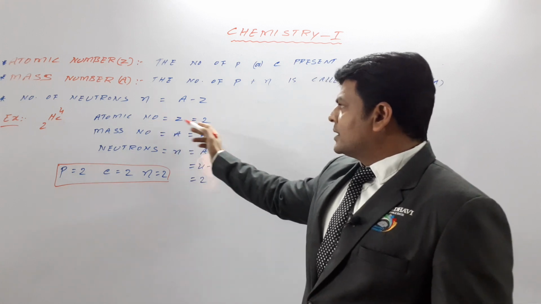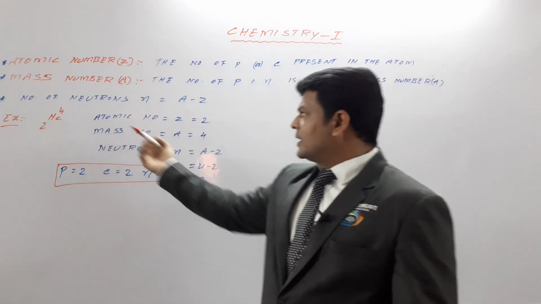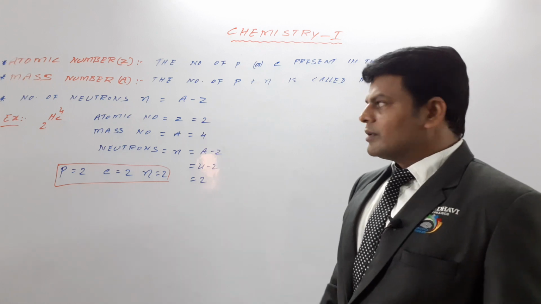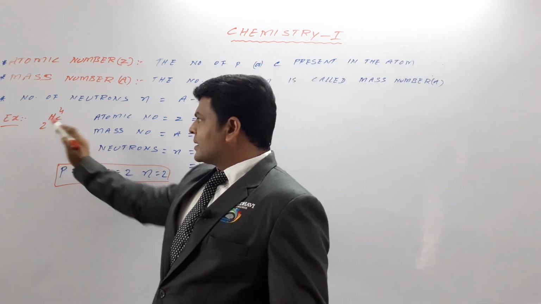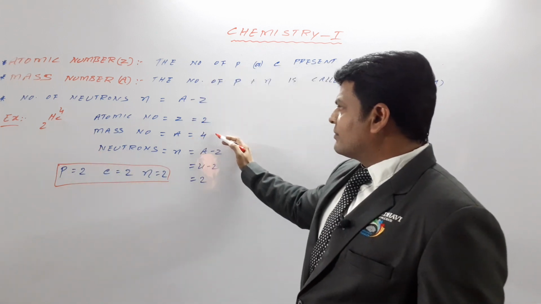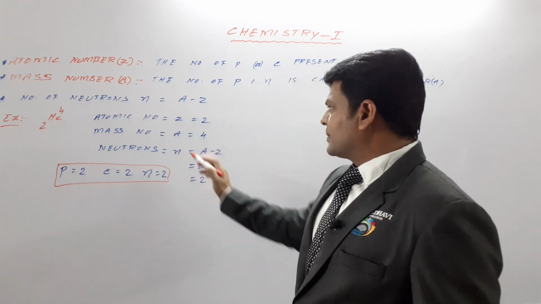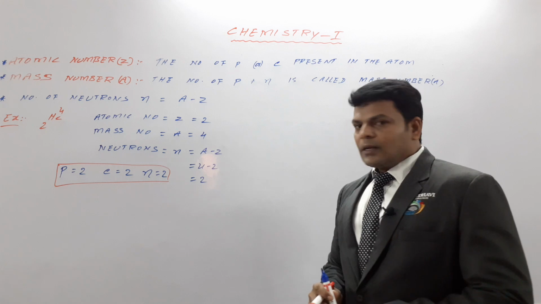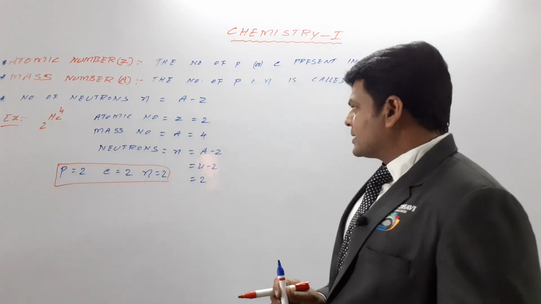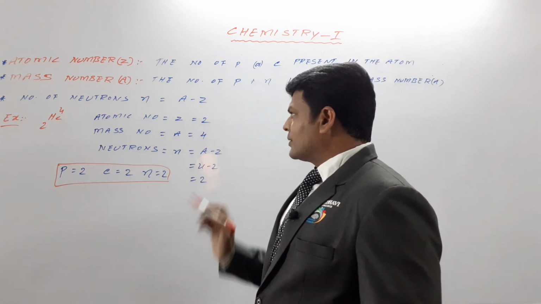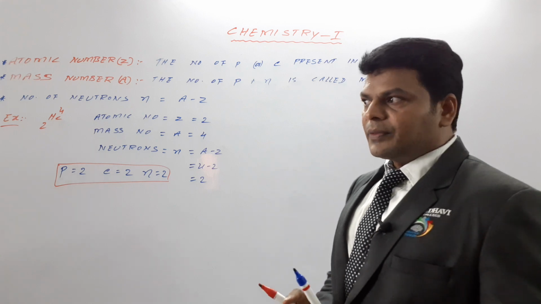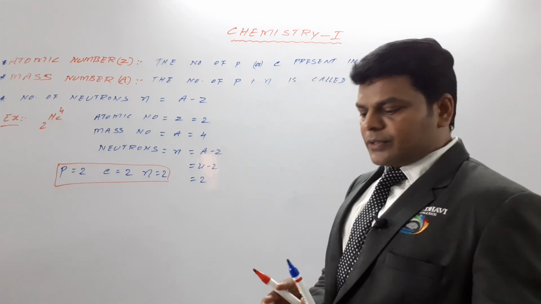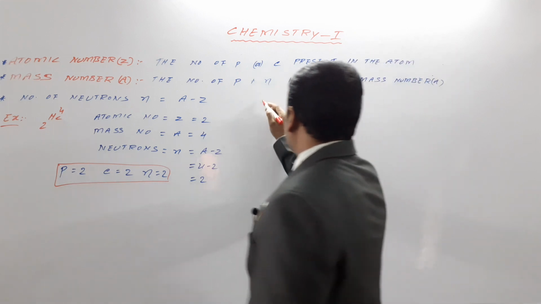For helium, atomic number Z equals 2, which we write as a subscript, and mass number A equals 4, which we write as a superscript. N equals A minus Z, so 4 minus 2 equals 2. So you have to know the notation of atoms first.